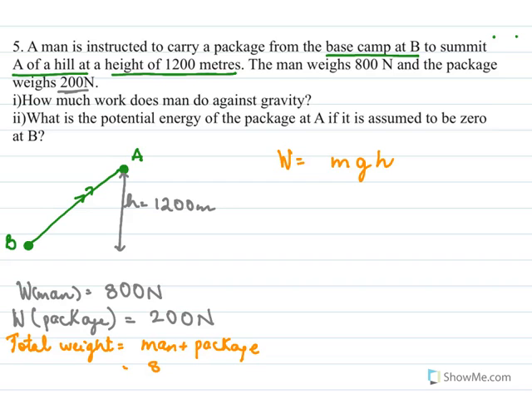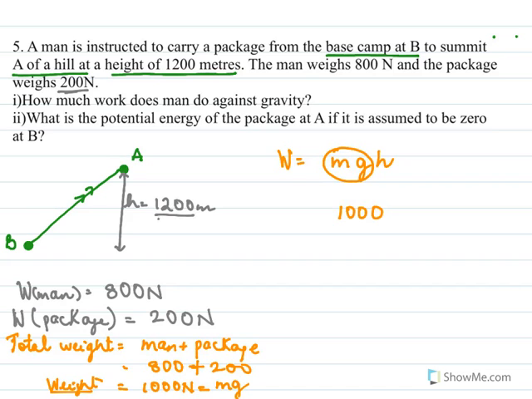Now men 800, package 200, so that is 1000 newtons. Now this is weight, so it is equal to mg. It is not mass, it is weight. So this mg is already given to us, and that is 1000. And the height we know here is 1200, so into 1200. So the work done, this is work, is 1200 with 5 zeros joule.